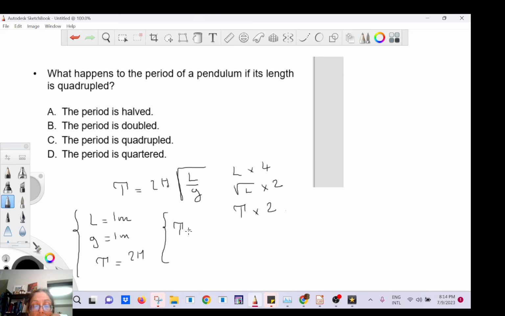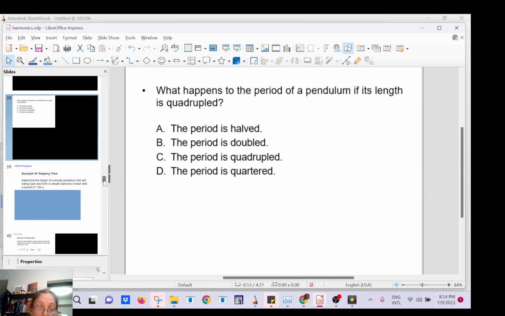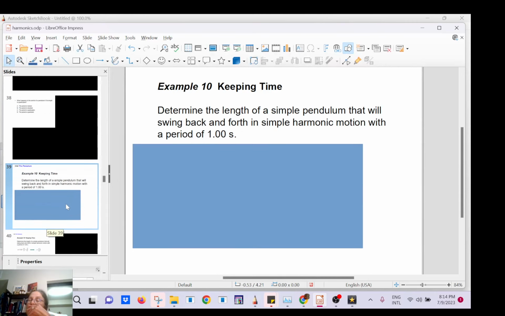T equals 2 pi times the square root of 4, because it's 4 times 1, divided by 1. So that's going to be 2 pi times 2. So we get the same thing. The period is doubled.